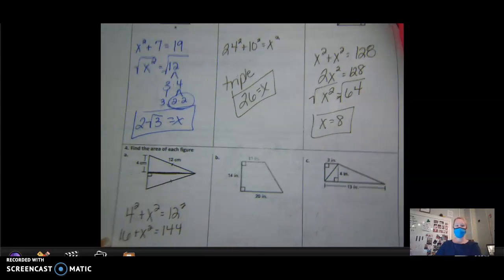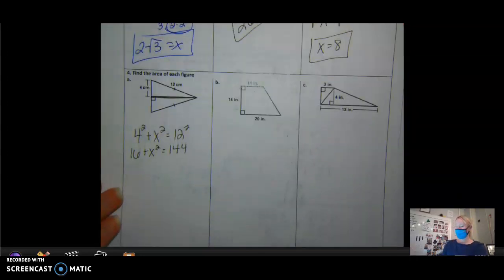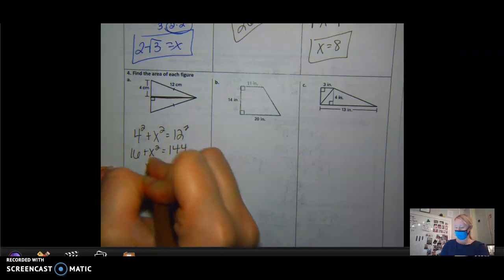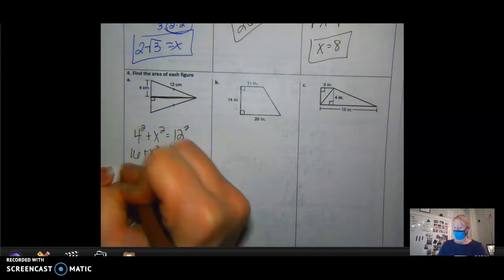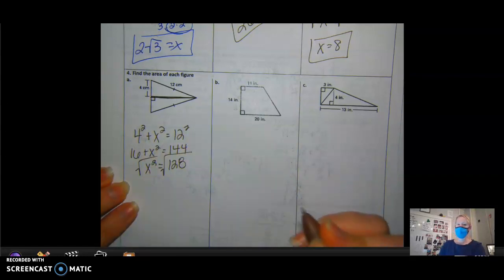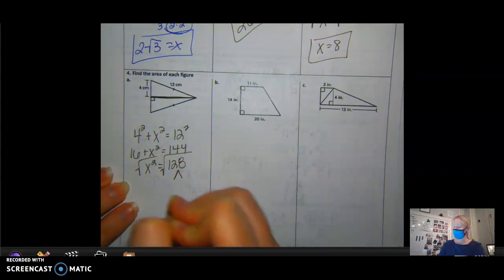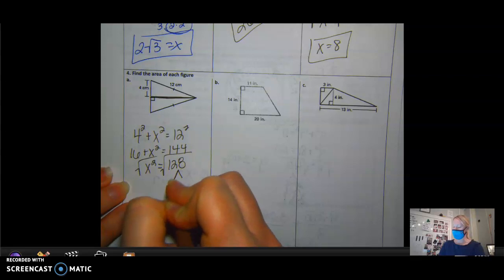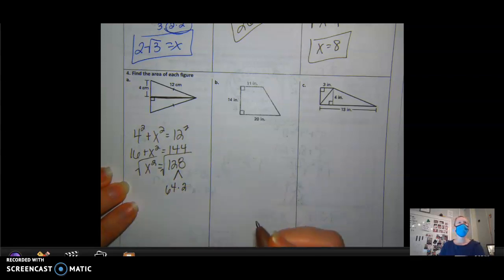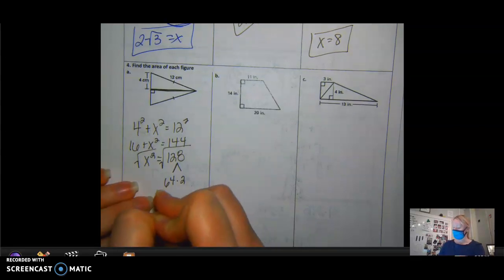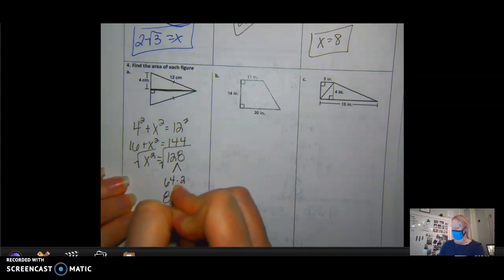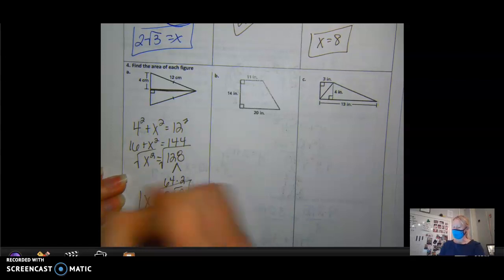Is that right? What's 144 minus 16, guys? Square root, square root. I think we have to break that down into what? Isn't it 64 and 2? Is that right? What's the square root of 64, guys? 8. So this actually breaks down into 8 square roots of 2. So x equals 8 square roots of 2.